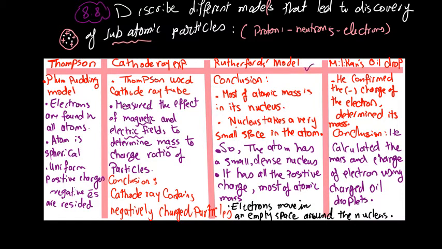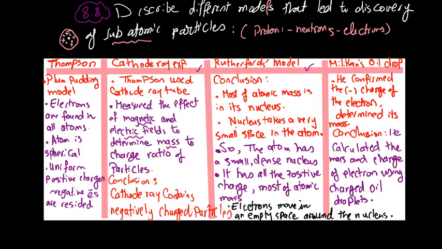Rutherford made an experiment we call the gold foil scattering experiment. By doing this experiment, he was able to conclude that most of the atomic mass is concentrated in its nucleus. The nucleus takes a very small space in the atom.